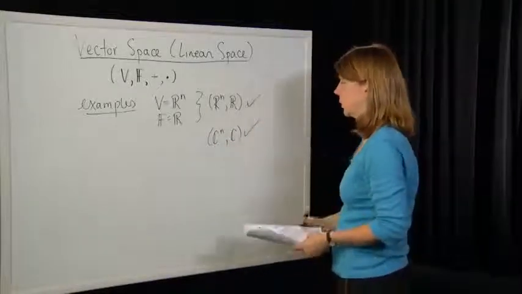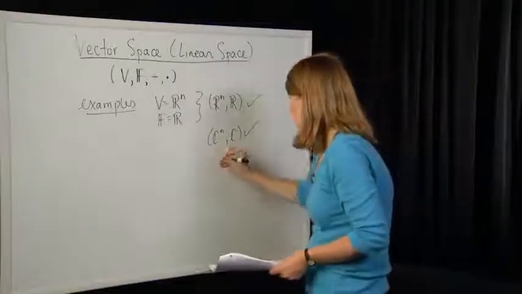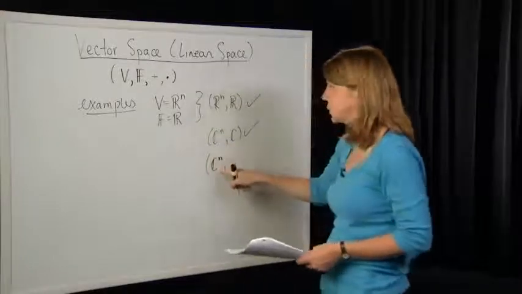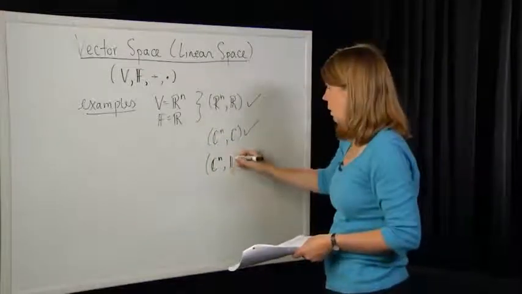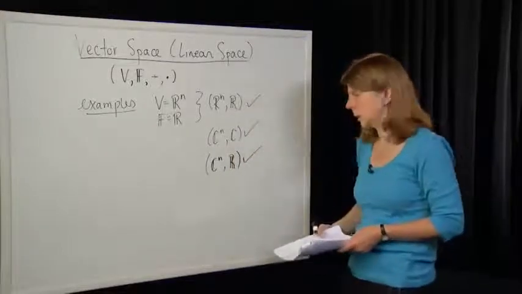And this is also a vector space. But we have to be careful. If we looked, for example, at the space of vectors whose elements are complex numbers over the field of reals, we'd still get a vector space.